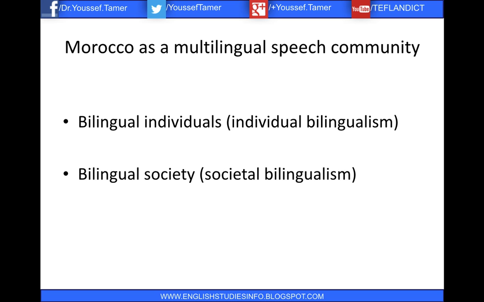So Morocco is definitely a multilingual speech community. Within this speech community, you have bilingual individuals, individuals who speak two languages, sometimes more than two languages. The speech community or society altogether is also referred to as a bilingual or multilingual society, because more than two languages are spoken in Morocco.